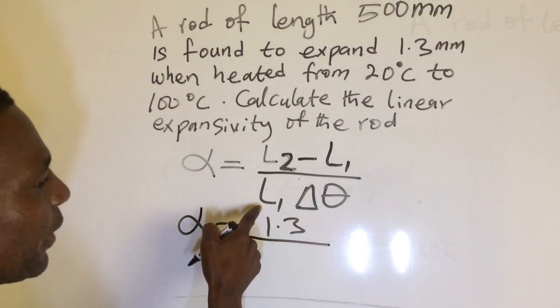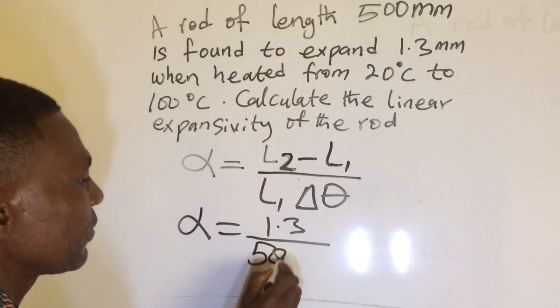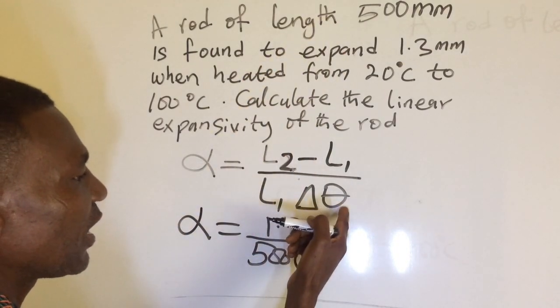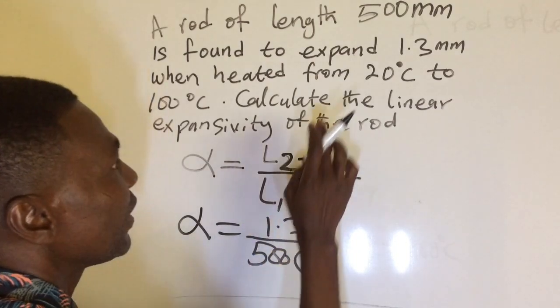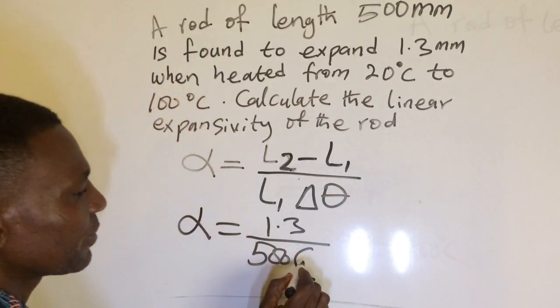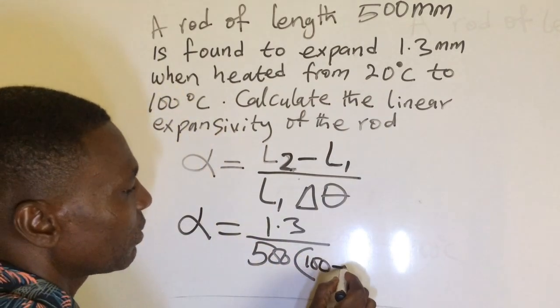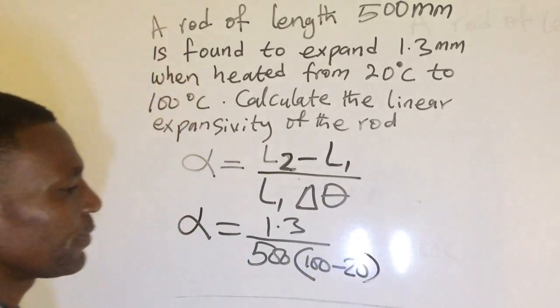All over L1, which is 500. Then the change in temperature means the final temperature, which is 100, minus the initial temperature, which is 20.